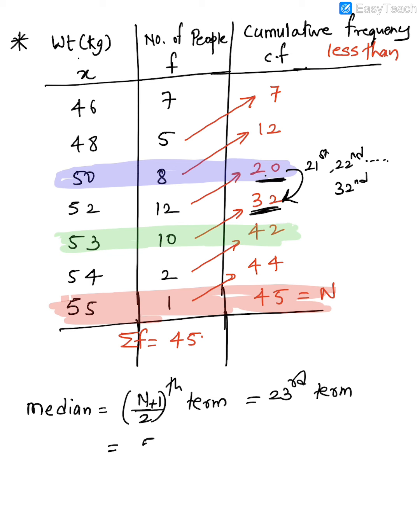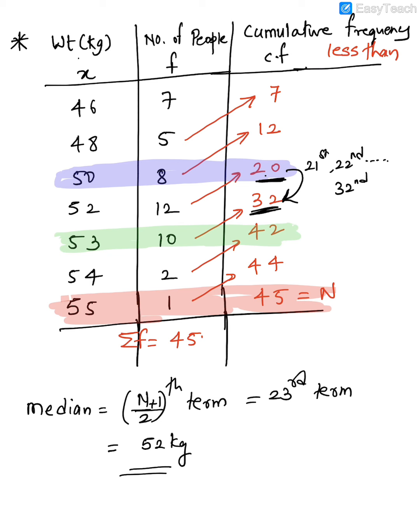52 kg. Guys, it's a little tricky, so think about it, how we got this answer. If you are still confused, just solve till here, make a note and ask me in the class. So I'll repeat once again. If you look at the cumulative frequency, you see the number 20. So the 20th guy in cumulative frequency is the guy whose weight is 50 kg.